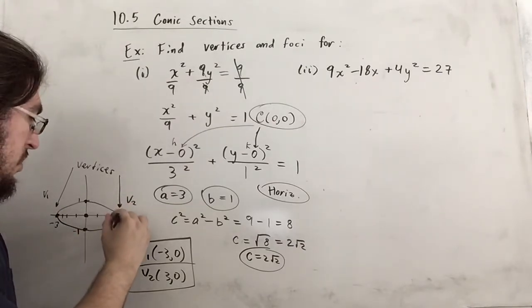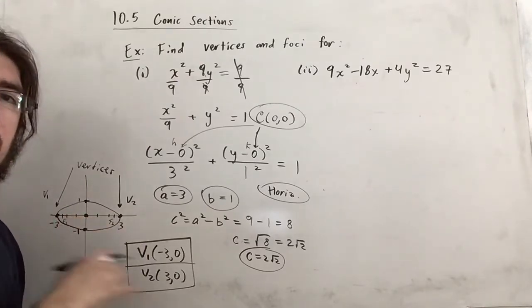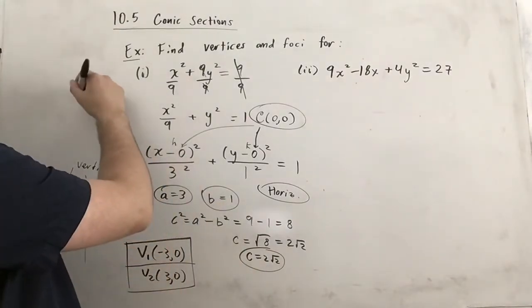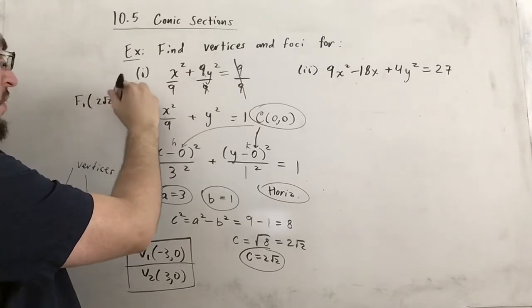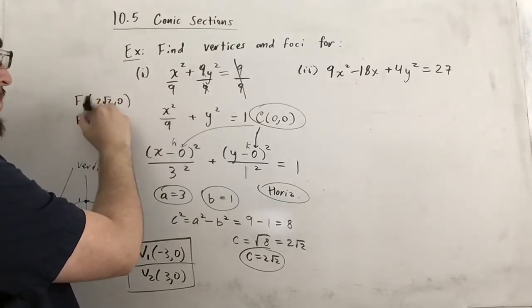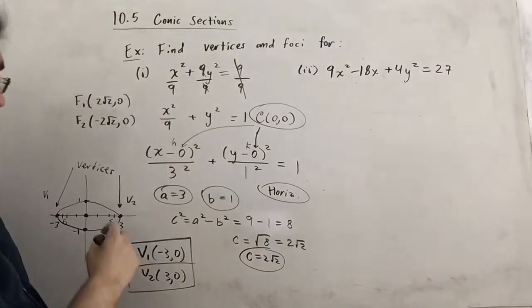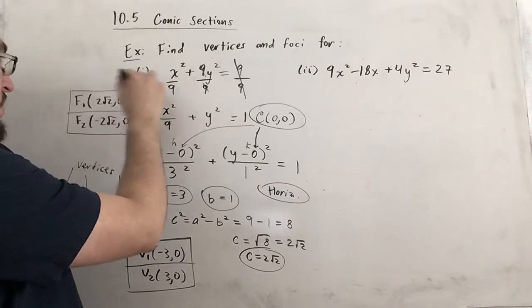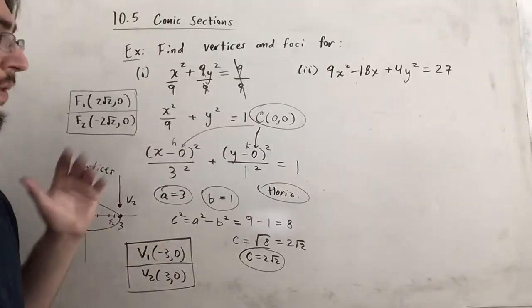So this is F2 and F1, let's say. And by the way, the labeling doesn't really matter as far as which one you label as which. But let me just write it over here wherever I have space. F1 is the point 2 radical 2, 0, where F2 is the point negative 2 radical 2, 0. If that looks okay? Awesome. I'm just boxing each of them. And there we go. So those are the vertices and the foci for problem 1.